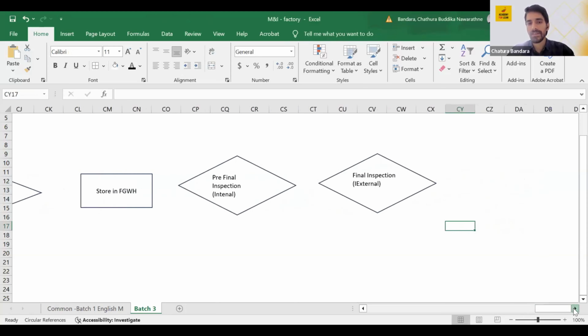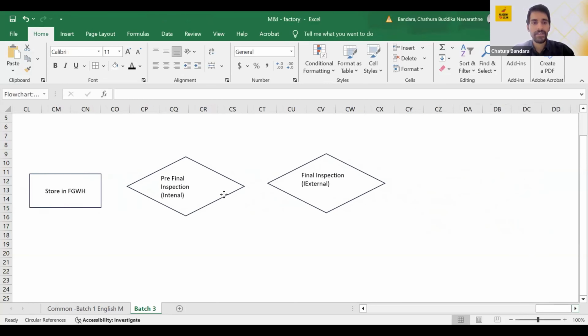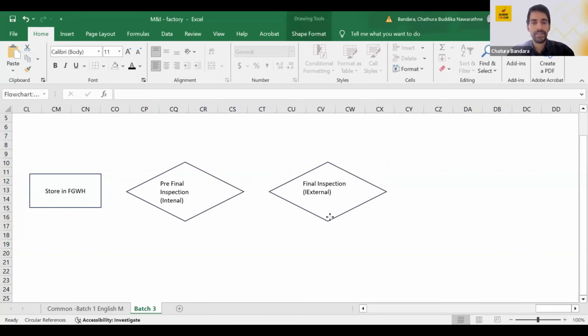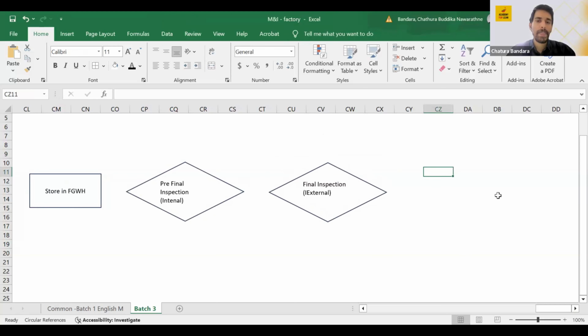Okay. Is this okay? For me, it's okay. Others, they can use them. Yeah, this process is also the same, pre-final inspection, then final inspection.